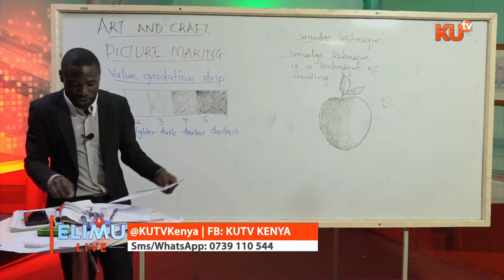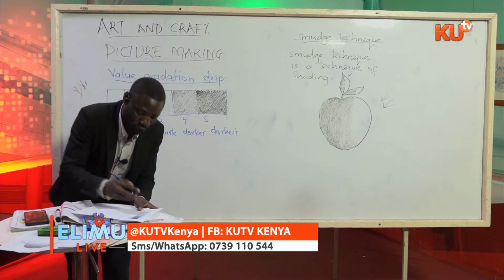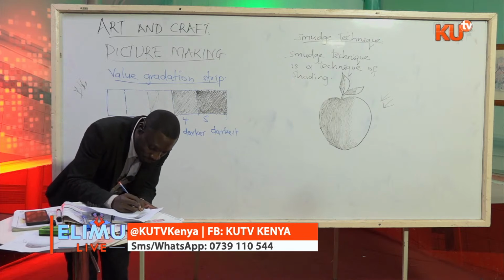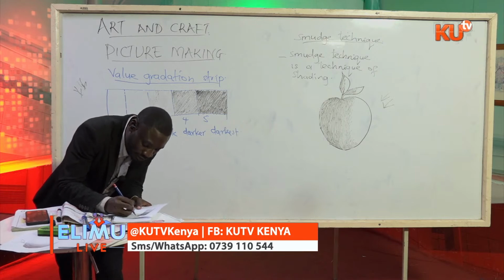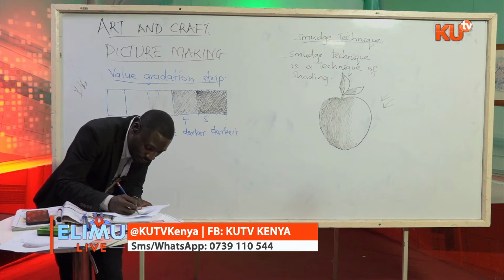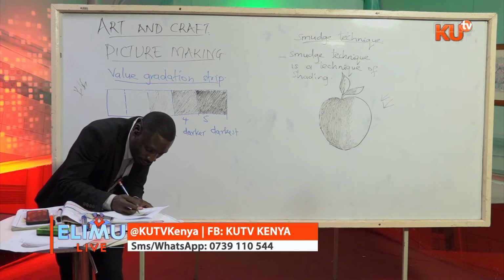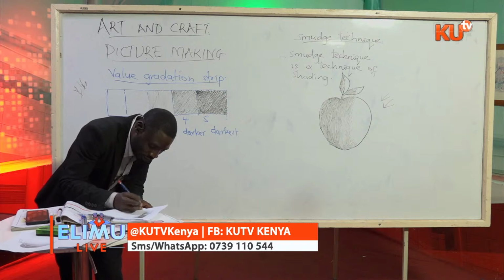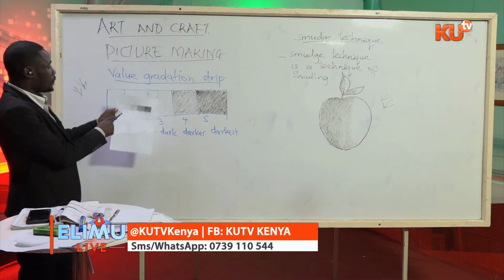We are going to label them the way we did with the one on the chalkboard. Darkest, darker, dark, light and lighter. Okay, this is our value gradation.